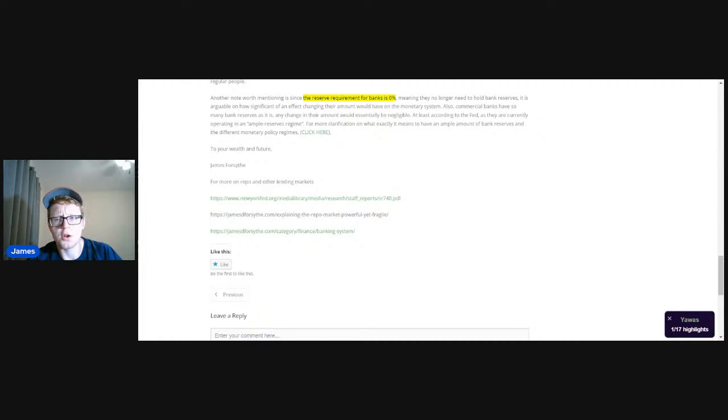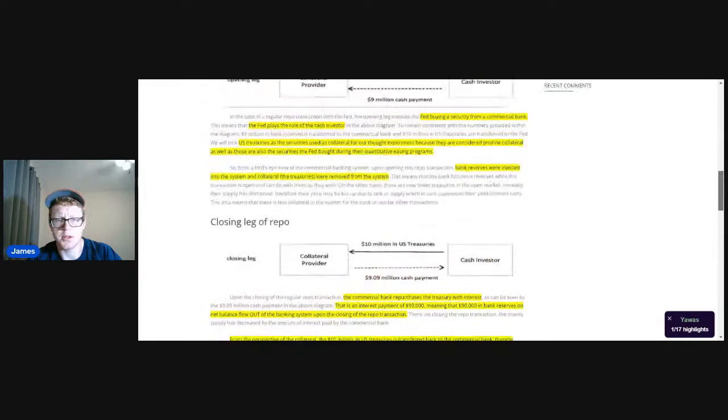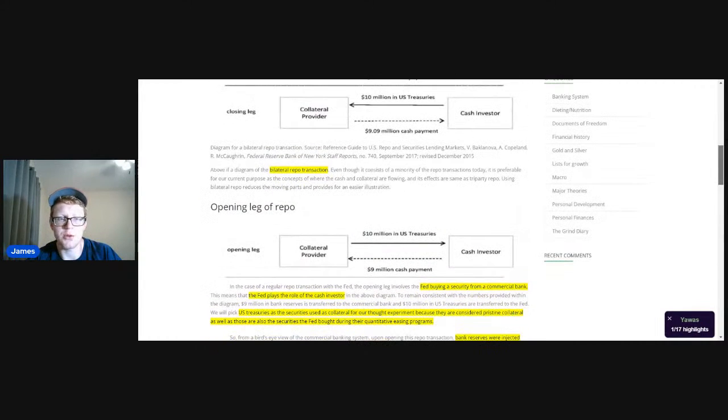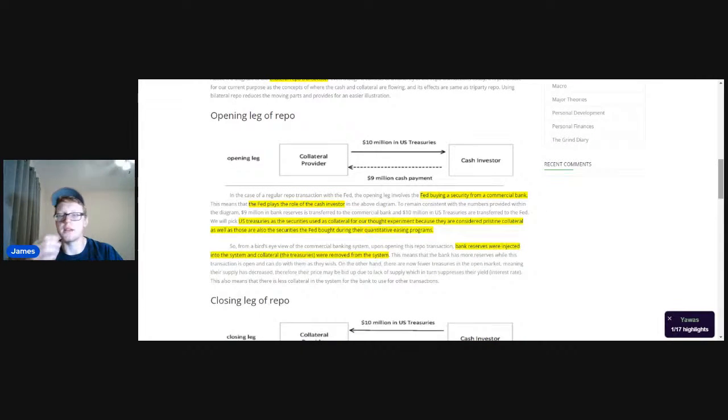They're called repurchase agreements, so the interest I'm going to be talking about isn't like interest paid on a regular loan. They basically bid the prices, and so the cash investor initially purchases the Treasuries from the collateral provider.